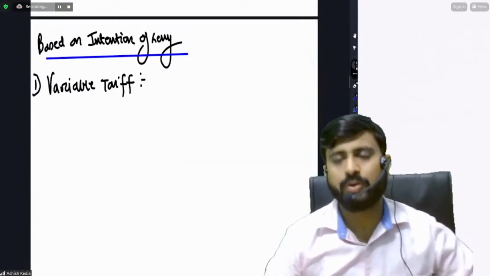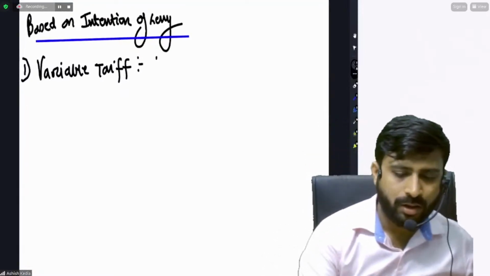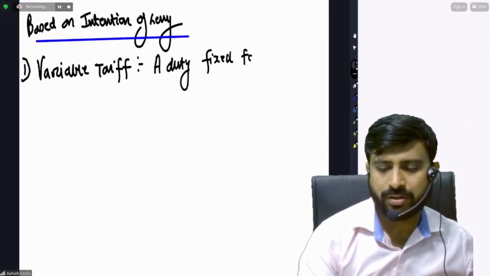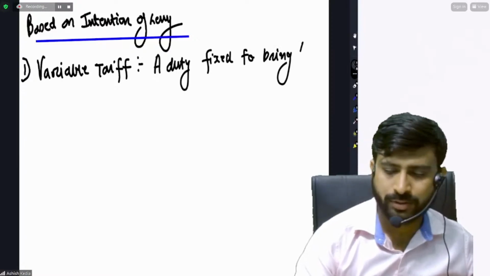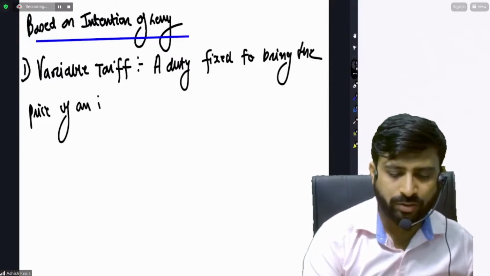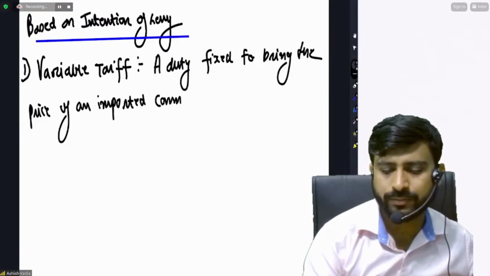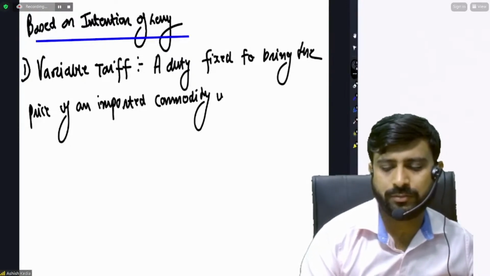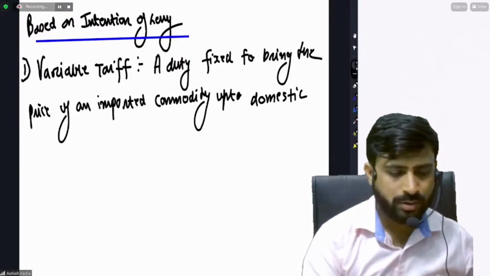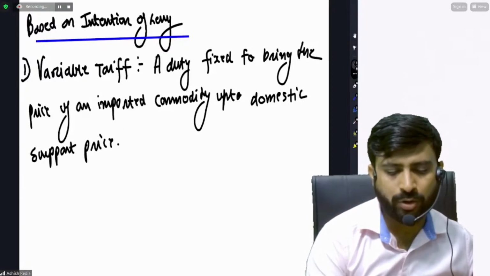So let's write it down for you. Variable tariff: a duty fixed to bring the price of an imported commodity up to the domestic support price.